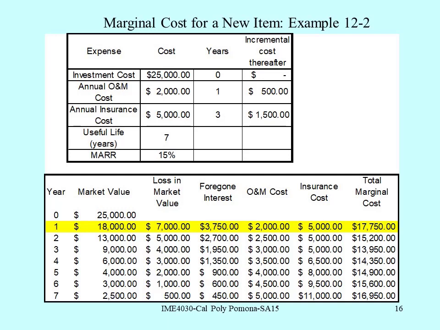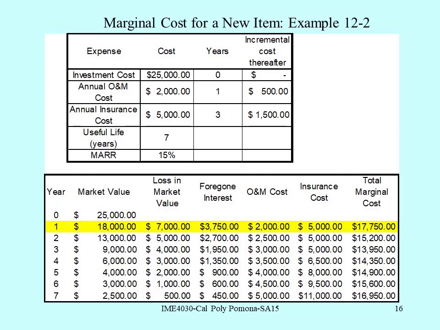We tied up $25,000 worth of capital in this piece of equipment its first year, so we gave away, or we could have earned, at 15%, $3,750 on that money. Our operating and maintenance cost was $2,000, and our insurance cost is $5,000. So if we add up the loss in market value, foregone interest, operating and maintenance cost, and insurance cost, that's $17,750, and that's called the marginal cost.